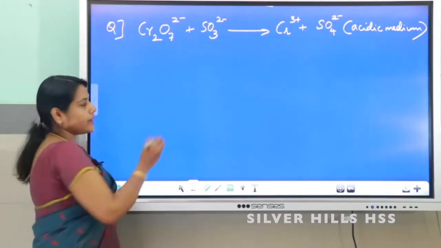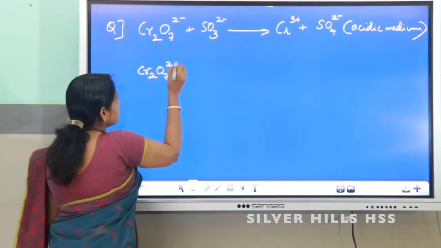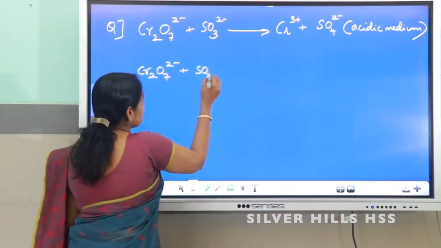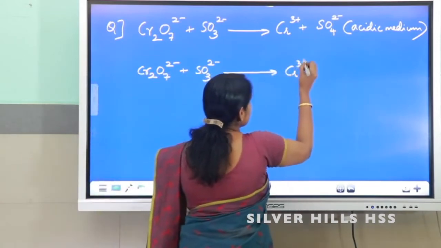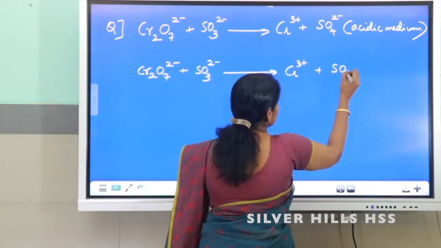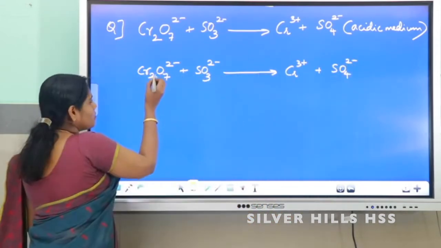Rewrite the skeletal equation. Calculate the oxidation state. Here we have 2 chromium atoms.